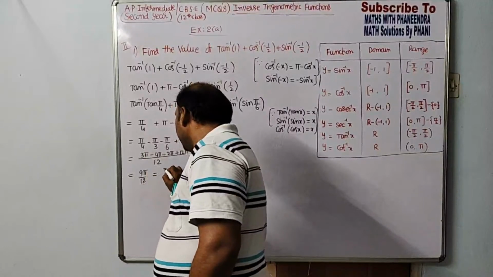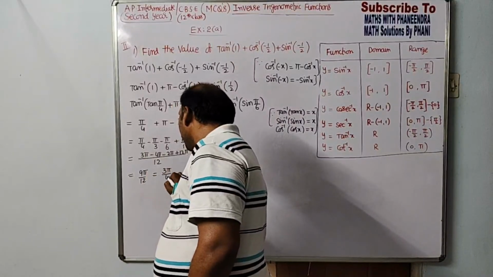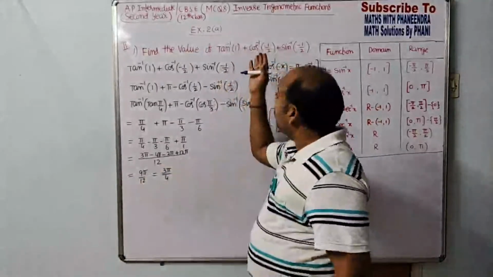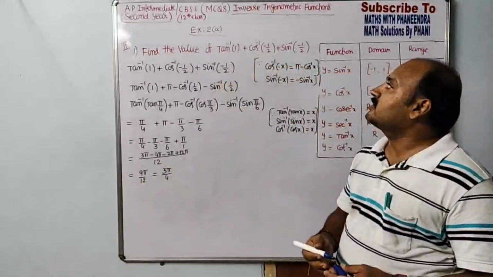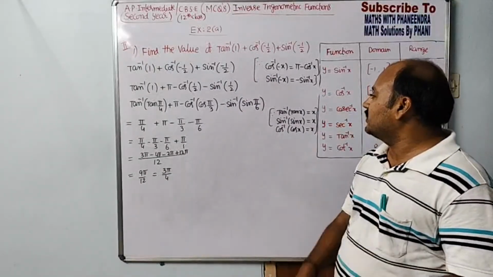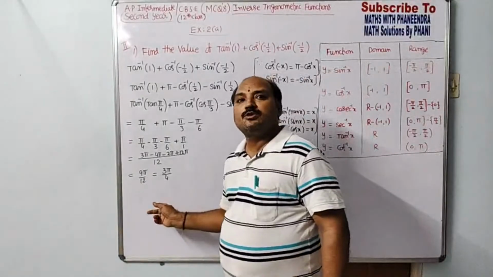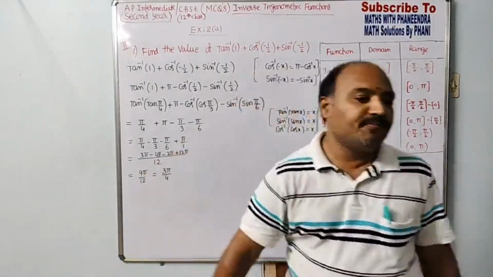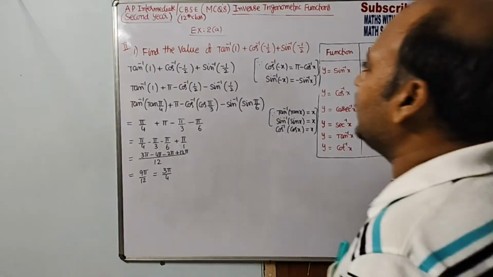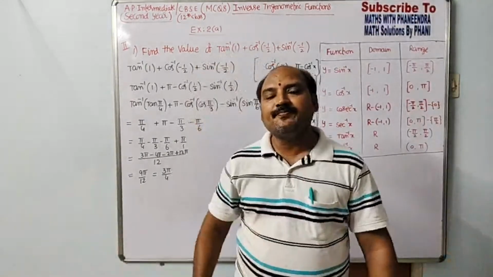After simplifying, 3 pi by 4, 3 threes are 9, 3 fours are 12. So the value of tan inverse of 1 plus cos inverse of minus 1 by 2 plus sin inverse of minus 1 by 2 is equal to 3 pi by 4. Till here, we finished the second exercise, that is, exercise 2A was finished, dear students.